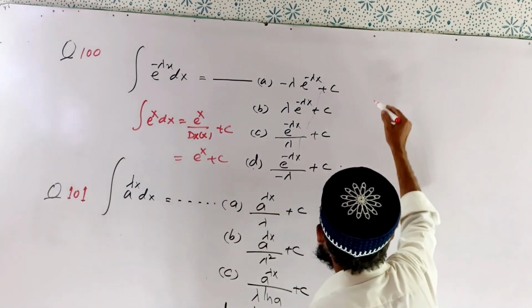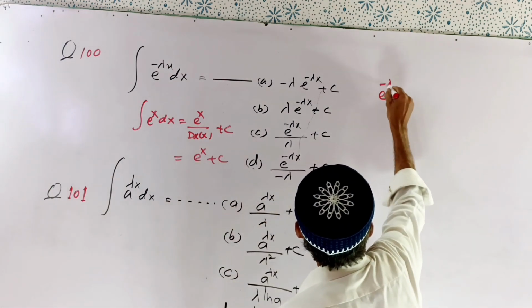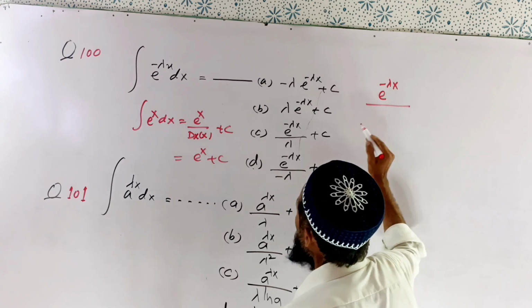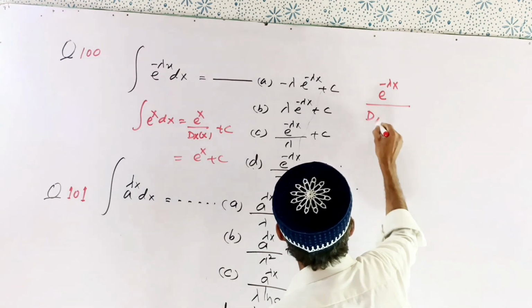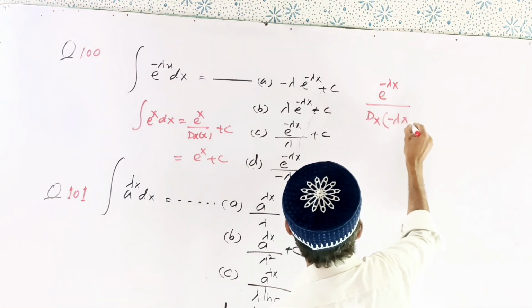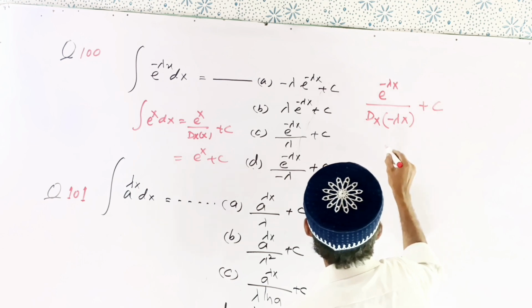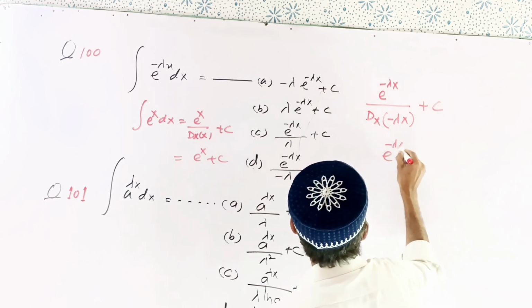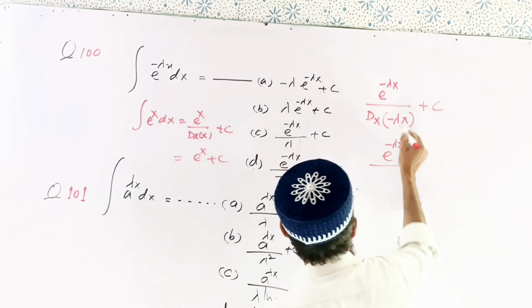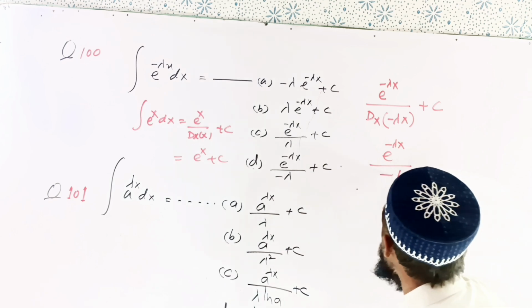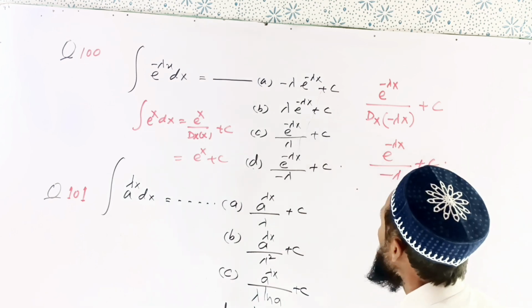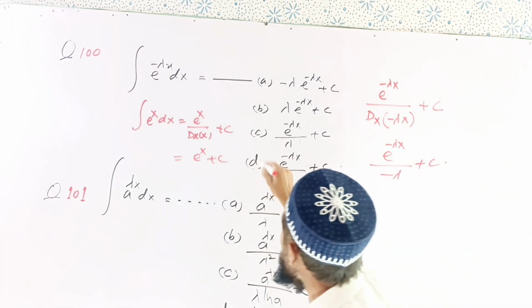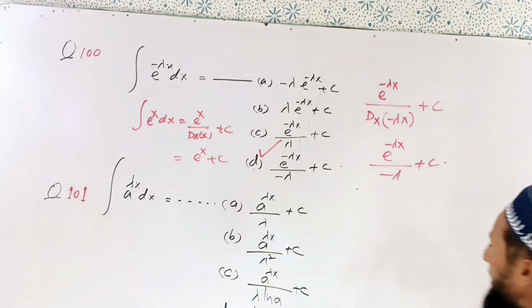According to this formula, if we apply e power minus lambda x, and further the derivative of minus lambda x with respect to x, plus c, we get minus lambda x divided by the derivative 1 and minus lambda, plus c. So option D is the correct option here.